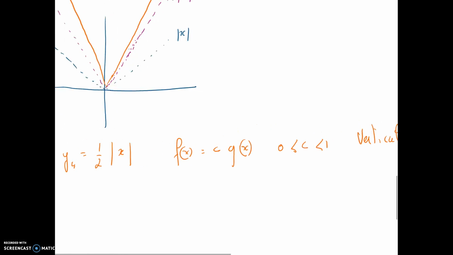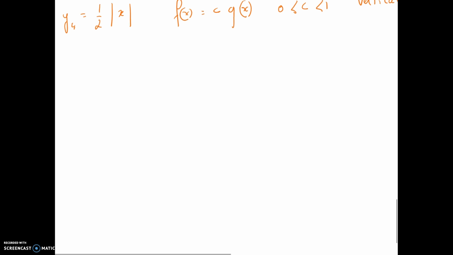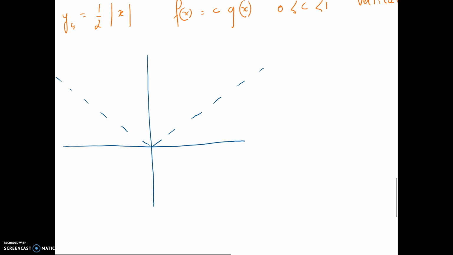Okay? So if I graph this being absolute value of x with a vertical shrink, the representation is going to be this one, 1/2 of absolute value of x.